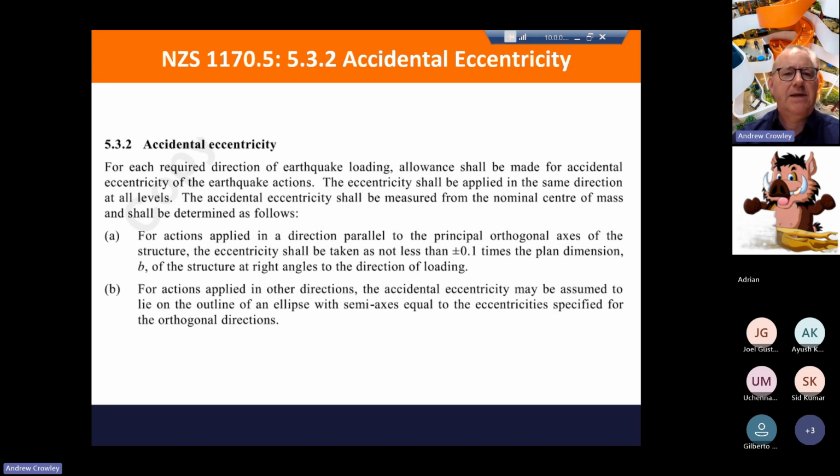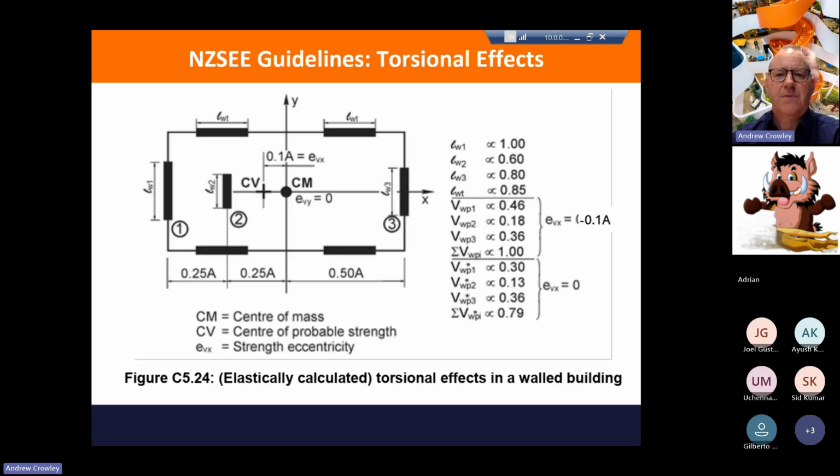So for actions applied in the direction parallel to the principal orthogonal axes of the structure, the eccentricity shall be taken as not less than plus or minus 0.1 times the plan dimension of the structure at right angles to the direction of the loading. So this is quite conservative, because in other standards, in particular the Eurocodes, they use 5%, not 10%, and I believe the American standards use a 5%, not a 10% eccentricity.